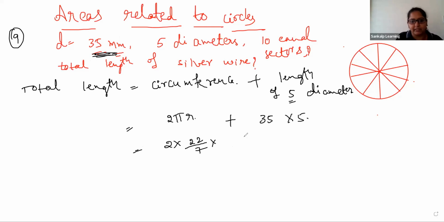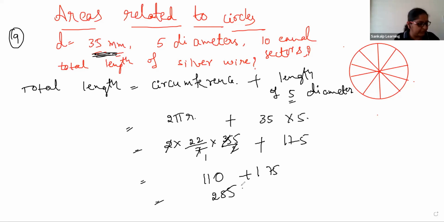They have given diameter, so we write 35 by 2. So I will cancel these two. That is equal to 110 plus 175, that is equal to 285 millimeter.